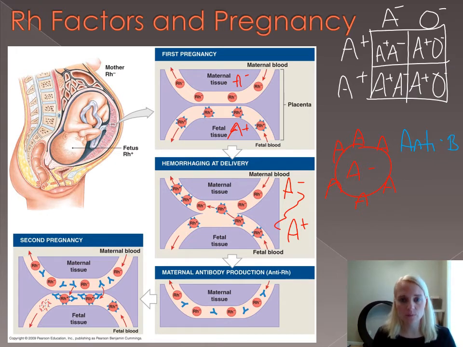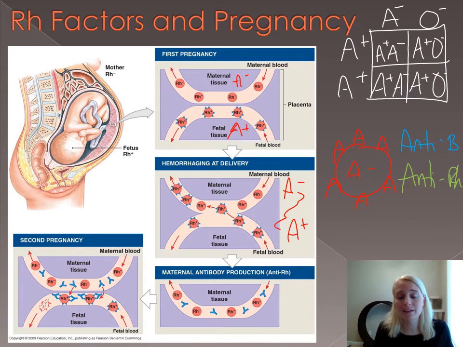So this is what she was always: A antigens on the surface, no Rh, anti-B antibodies, that's totally fine. However, after that exposure, her body is saying, hey, that's something new. I need to recognize that Rh factor in the future. So then it starts producing the anti-Rh antibodies. So now mom, still A negative, still has anti-B antibodies, but is now circulating anti-Rh antibodies.